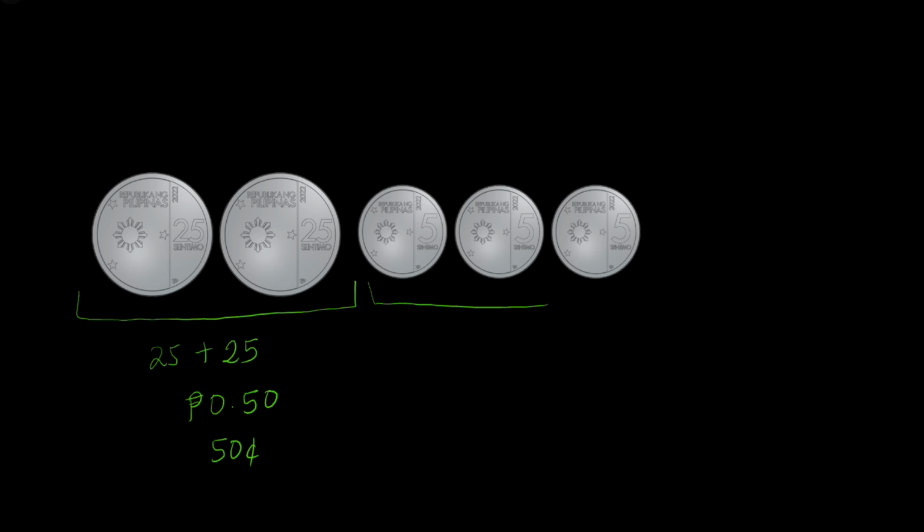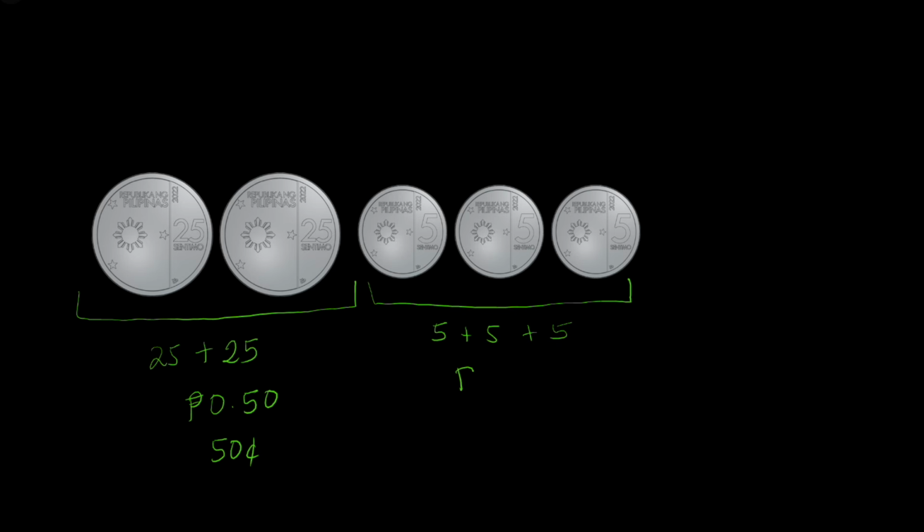So how are we going to get the value of this? We can simply identify first the amount of 25 centavo coins. We have 2, so that would be 25 plus 25, which is equal to 50 centavos. How about for the 5 centavo coin? We have 3, so we will have 5 plus 5 plus 5.